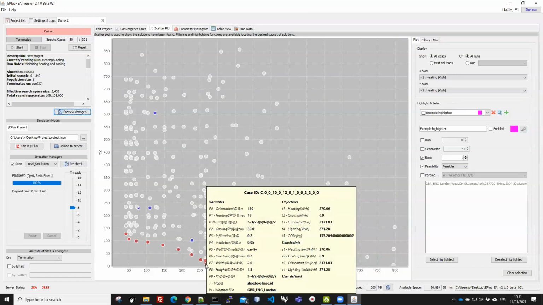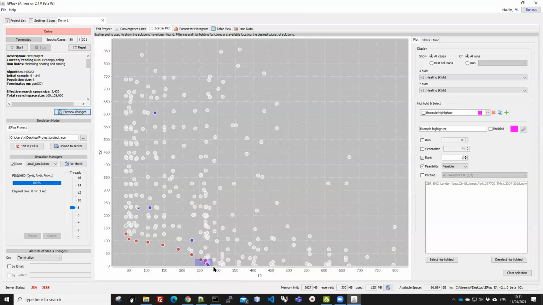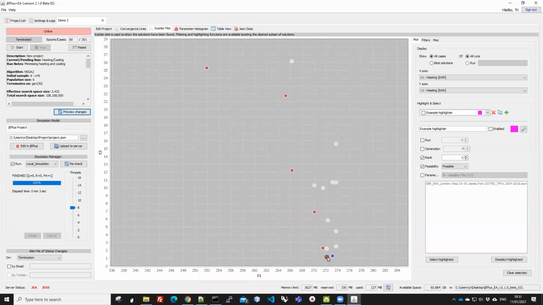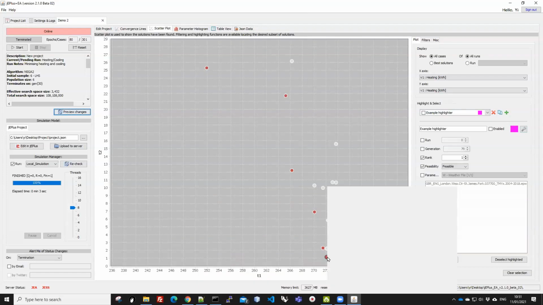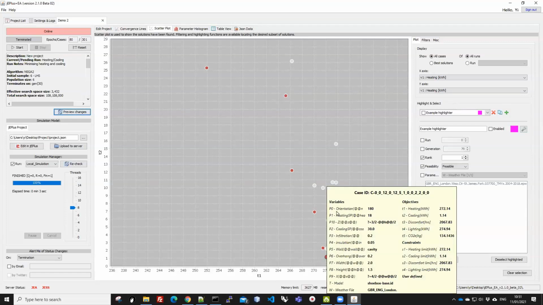But if you look at this corner here, let me zoom in a bit. That's the very best case in terms of cooling, and this is actually facing north. So P0 is the orientation, 180 degrees means rotated 180 degrees, so the window is facing north. Heating set point remains 18, and cooling set point remains 30.